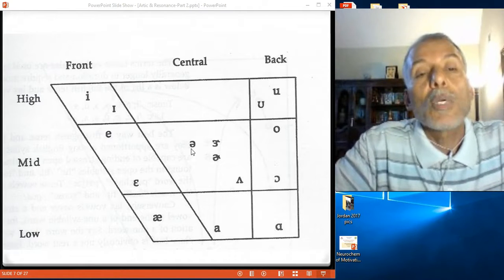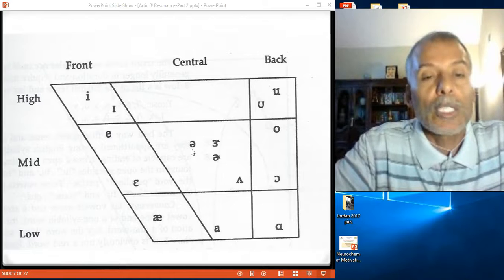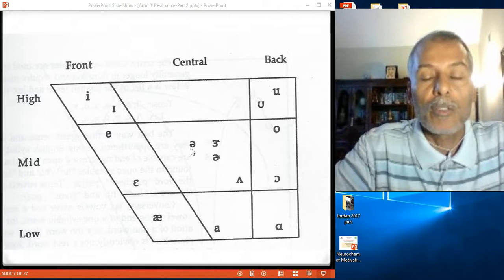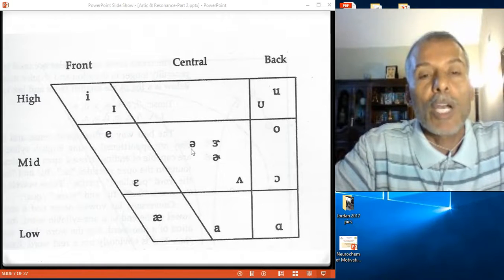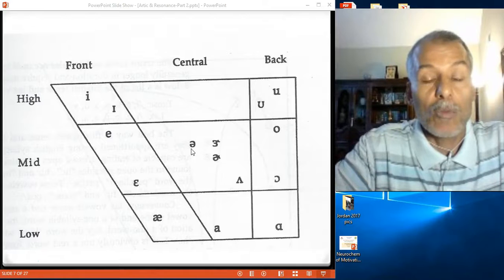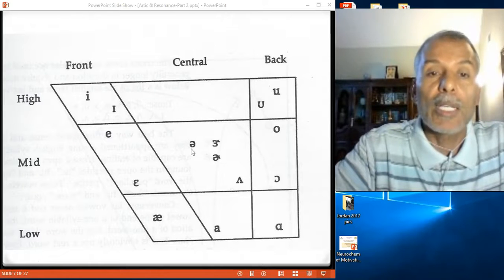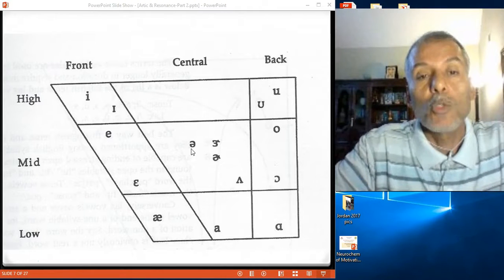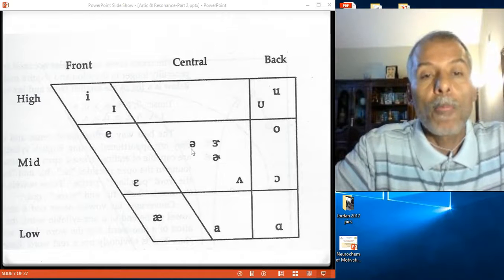So you find it always in weak syllables, syllables that are not stressed. Remember, you do not describe a vowel as stressed or unstressed. You describe a vowel as tense or lax. You describe a syllable as stressed or unstressed.